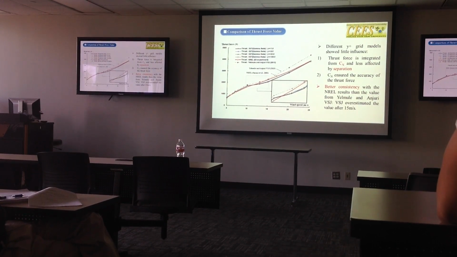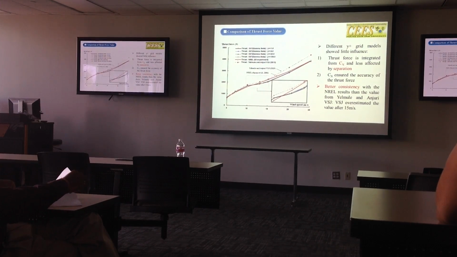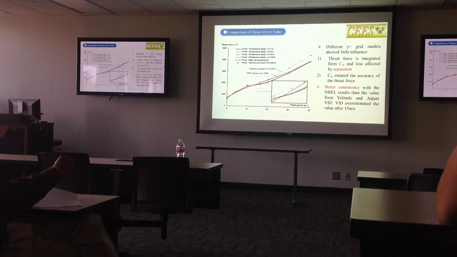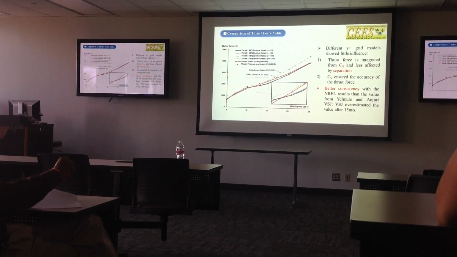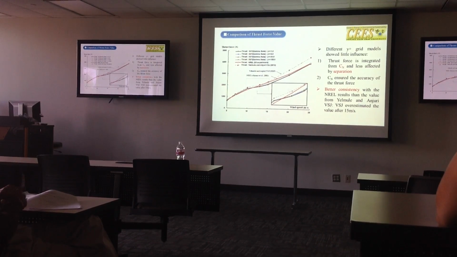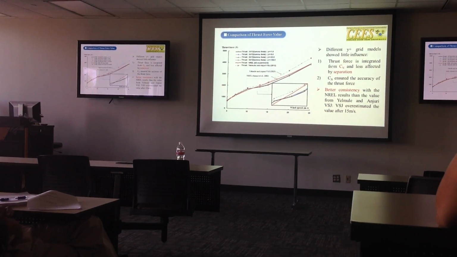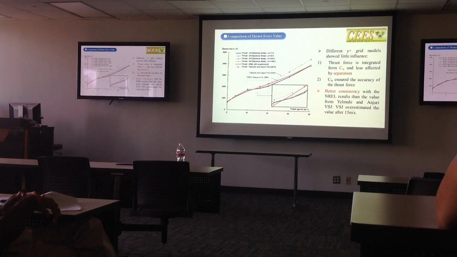Now we come to the thrust. You can see the different Y plus values in thrust showed good agreement. This is the other people's work. This showed our work. The thrust is integrated from the normal force coefficient.